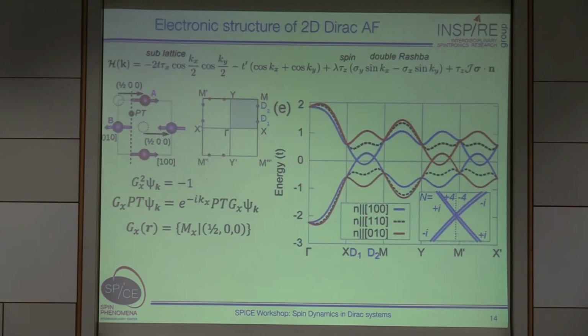Well, we constructed such a model with nearest and next-nearest neighbor hoppings. Then we have this double Rashba spin-orbit coupling, which follows the PT symmetry, because you have here this tau z spin matrix, which is swapping the sites, exactly what you want. And then we have this normal antiferromagnetic Zeeman field.